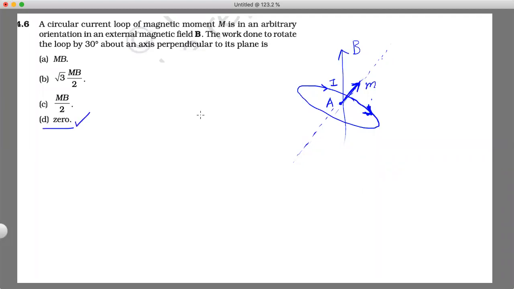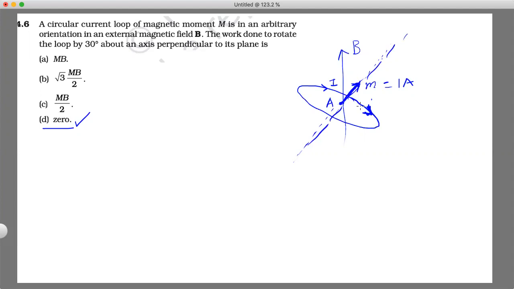So can you repeat? I don't get it. Okay. See, there is a current carrying loop, right? So this current carrying loop will have a magnetic moment equal to IA, which is perpendicular to the loop. The axis is also perpendicular to the loop like this.